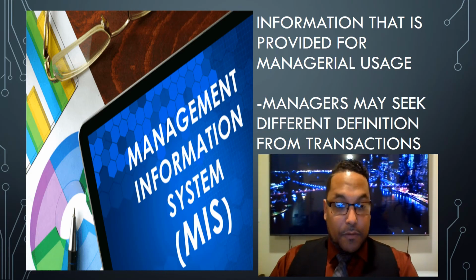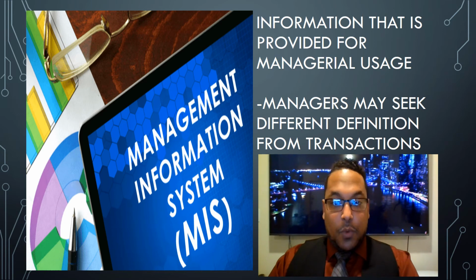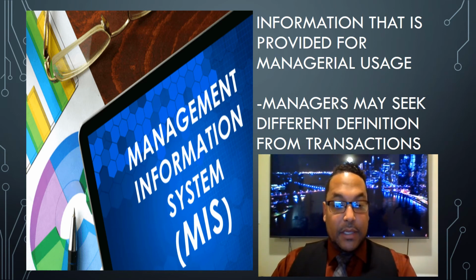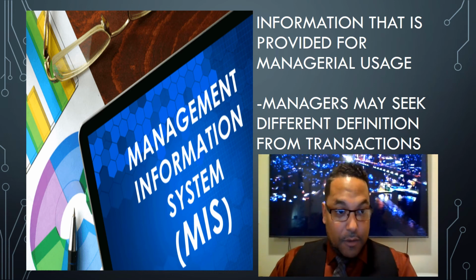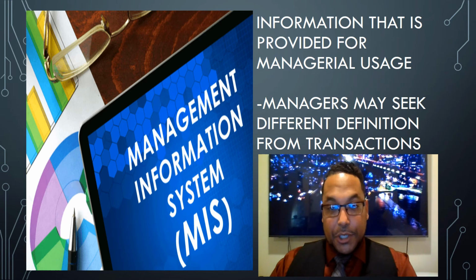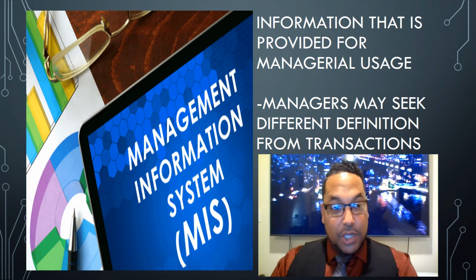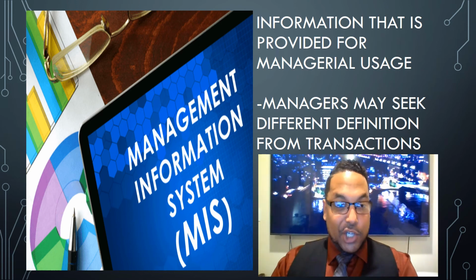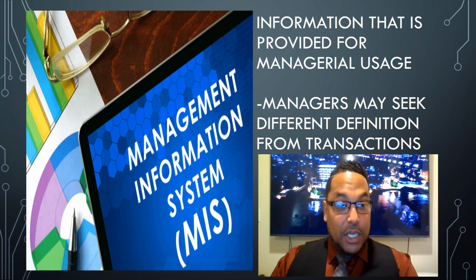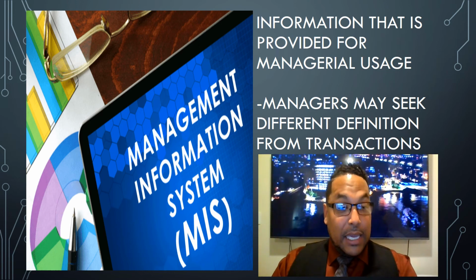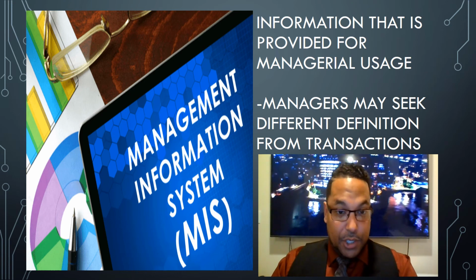Continuing on with information systems, we review management information systems, or MIS. And I think in here we find the duality of information systems and their usage. As previously stated, transactionally natured interactions by an organization will be input for later usage.